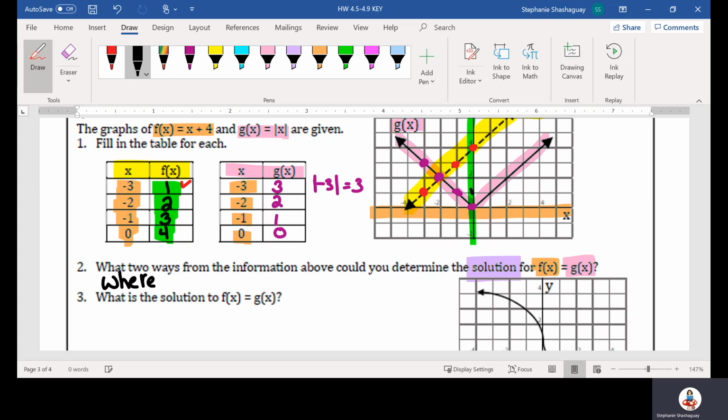So you can either look at where the graphs intersect, cross, or you can look when you have the same x and y values. So here I look at -2 and 2, and I see in the table I have -2 and 2, and -2 and 2. So it's either where the graphs intersect or where my x and y values are the same.